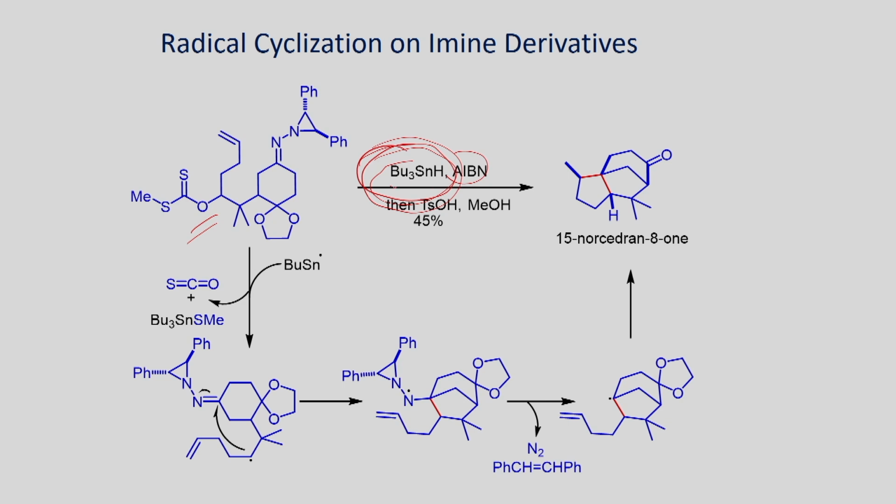Now let us look here. The combination of AIBN and tributyl tin hydride can form a tributyl tin radical. Already we have seen this earlier.